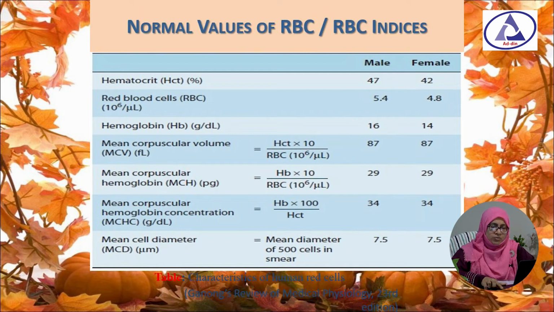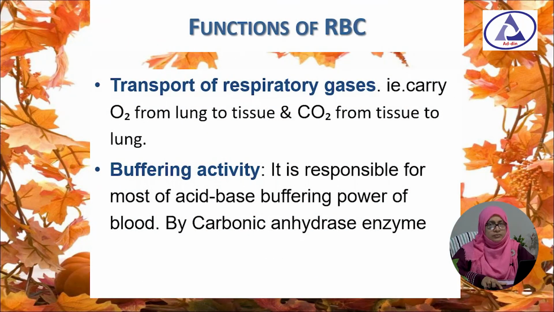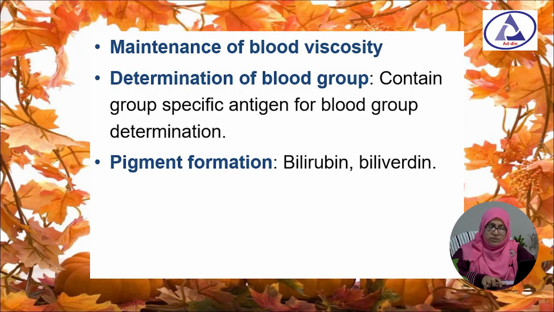This chart shows the normal values of these RBC indices. Now we are going to discuss the RBC function. Its main function is the transport of respiratory gases, that is oxygen from the lung to the tissue and carbon dioxide from the tissue to the lung. It also has buffering activity. It is responsible for most of the acid-base buffering power of the blood by the carbonic anhydrase enzyme, and it maintains blood viscosity.